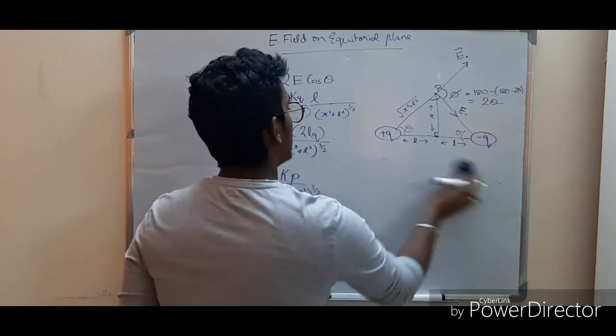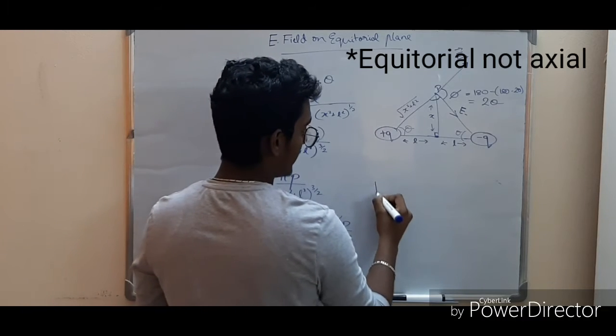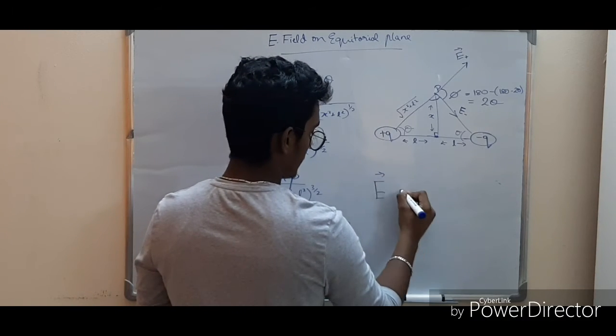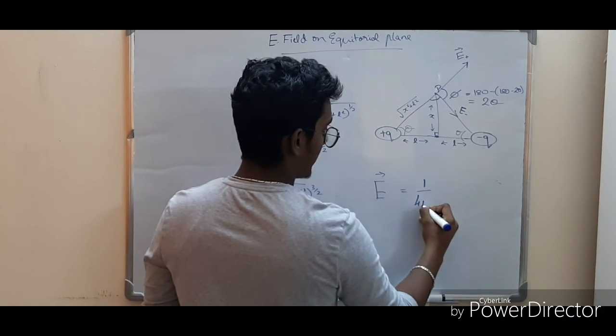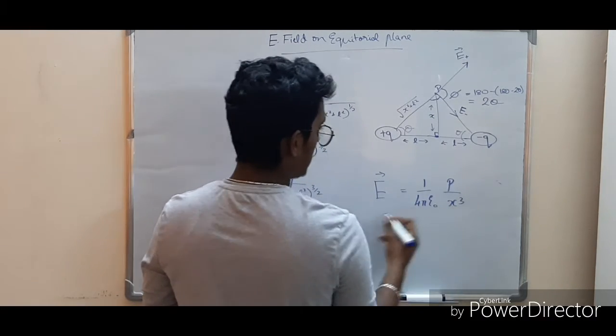The electric field at an axial line due to a dipole is 1 by 4 pi epsilon naught times the dipole moment by x cube.